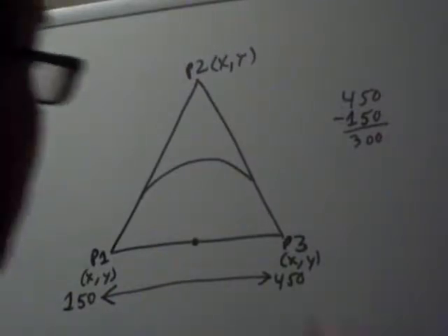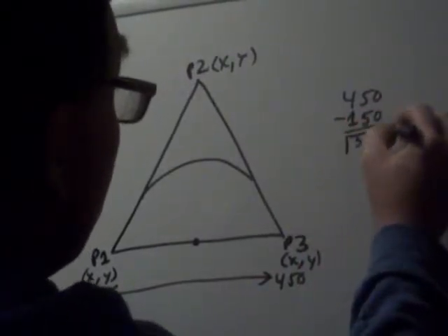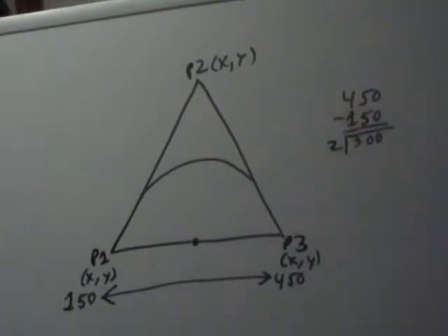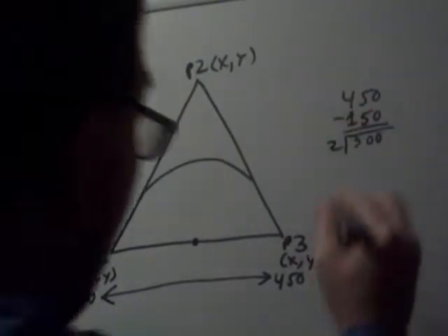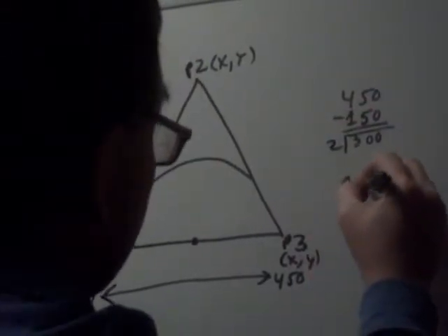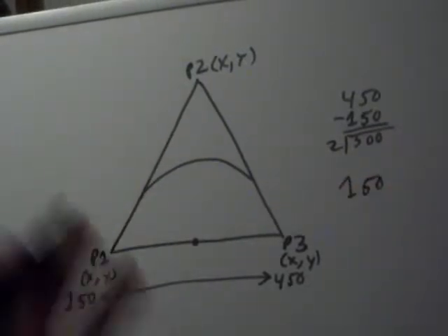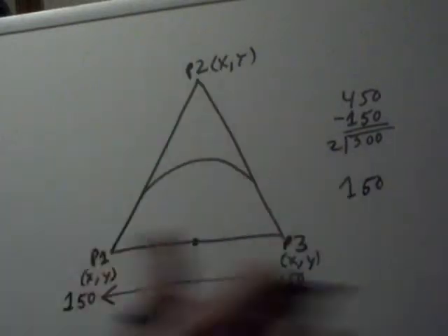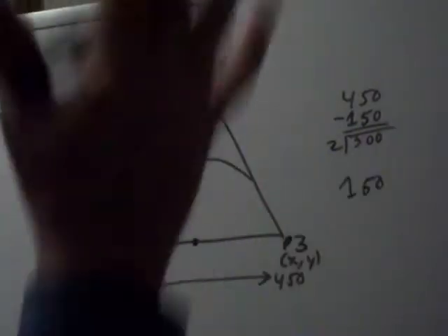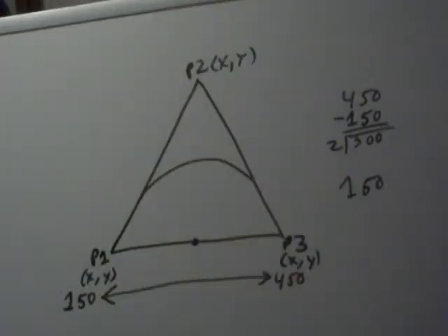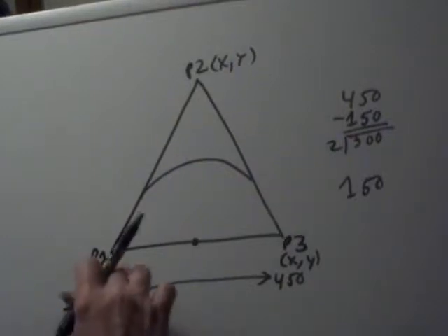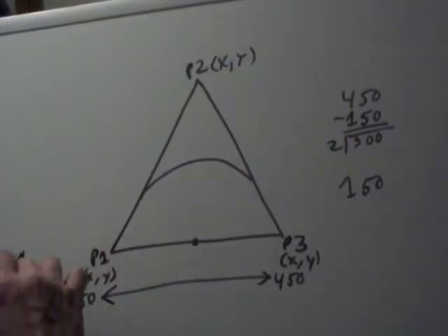What we're going to do is divide this number by 2. That makes 150. Now this 150 would be all great and grand and dandy, except that our line doesn't start at 0. Our line starts at 150 and ends at 450.